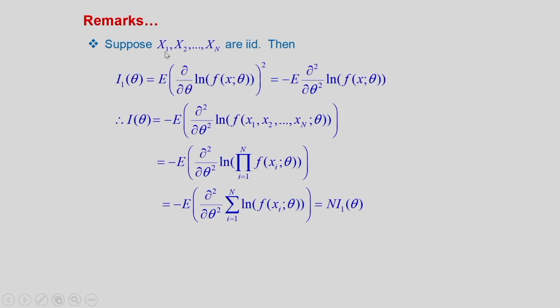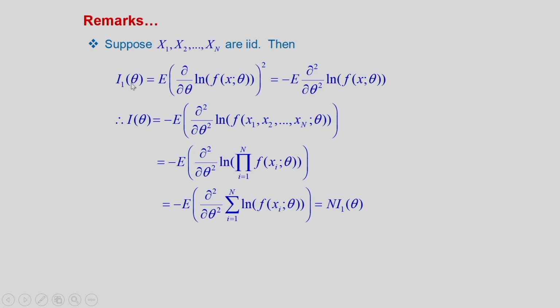Further, suppose x1, x2 up to xn are IID, independent and identically distributed. Then suppose if I consider only one random variable, I1(theta) is equal to E of, by definition, the partial derivative of the log likelihood function whole square, and that is also equal to minus E of del 2 del theta square of the log likelihood function.